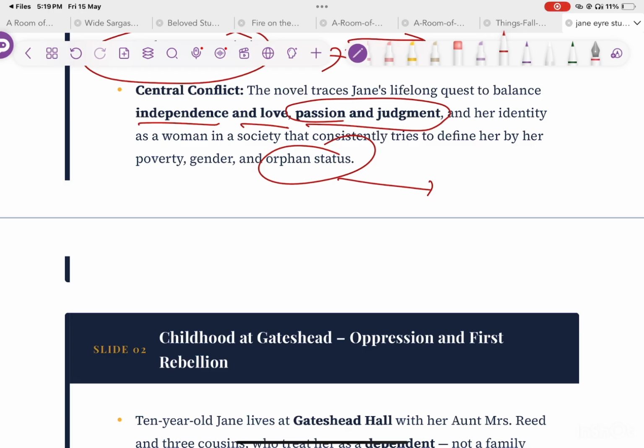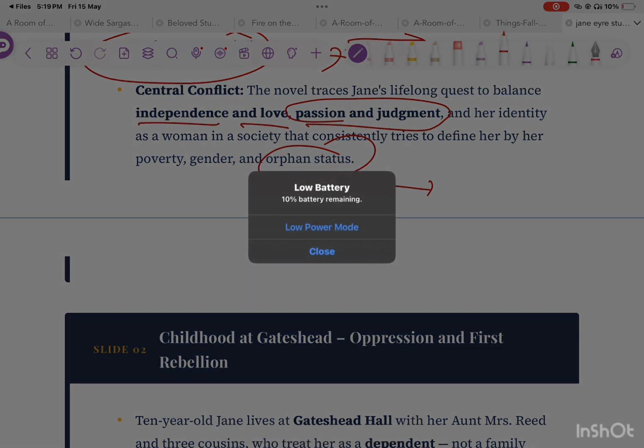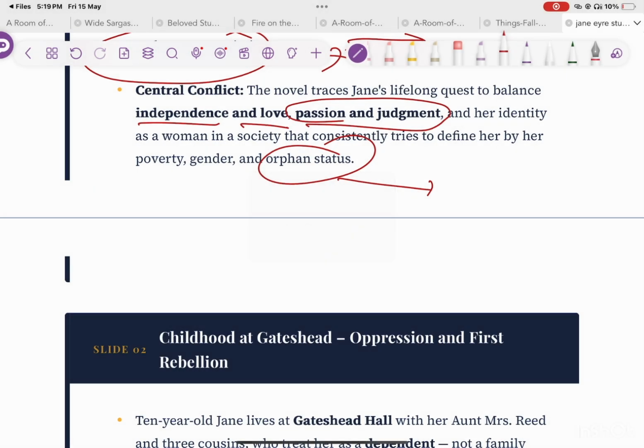Her uncle has already died, and she lives on the mercy of Mrs. Reed because she thinks that without this, she will be left alone in too much poverty, and she will beg. So it's better to suffer some disadvantages and live her life, and then she aspires to become free, independent, and educated.